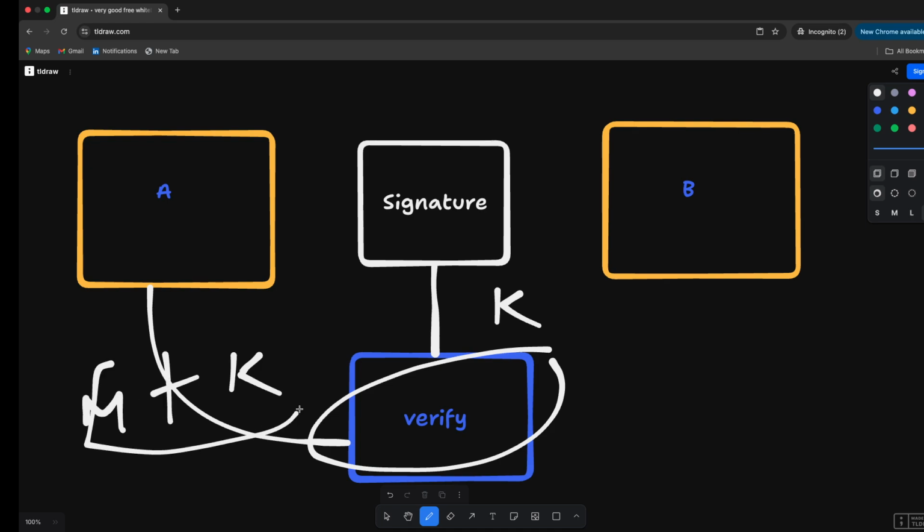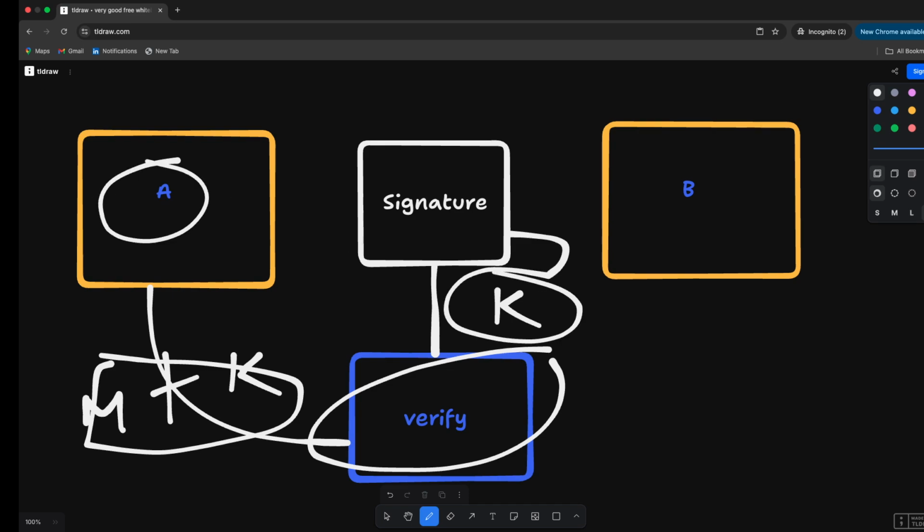So this is the message plus key, and then at the signing end, with the help of the signature and key, I'm going to check if it is the intended user who is sending the message or not.